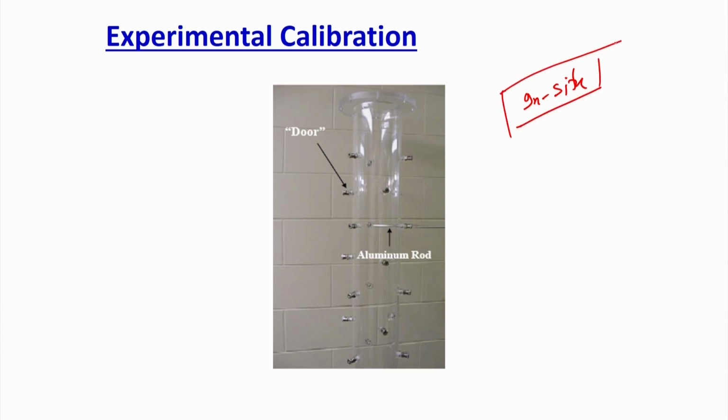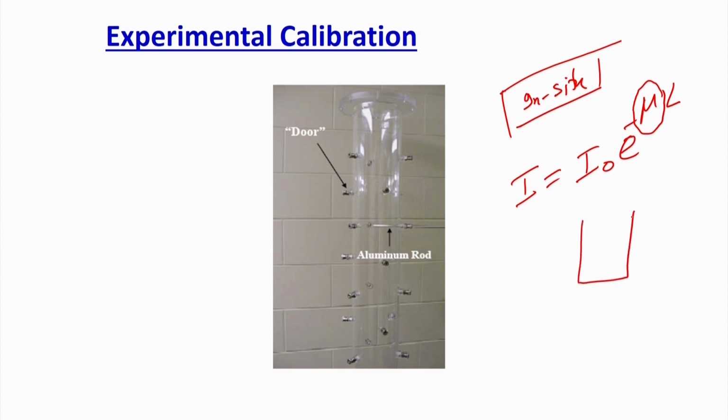Because I said we are using I equals I naught e raised to the power minus mu L, so I need the attenuation coefficient for that location of the tracer particle, and this attenuation coefficient will differ based on the operating condition. Suppose I am operating a gas solid fluidized bed, and this is the packed bed condition. If I pass the gas, a velocity will come when the particles start moving.